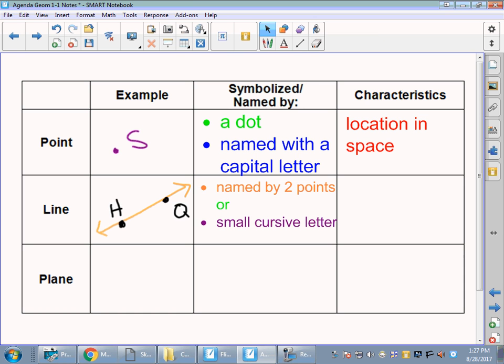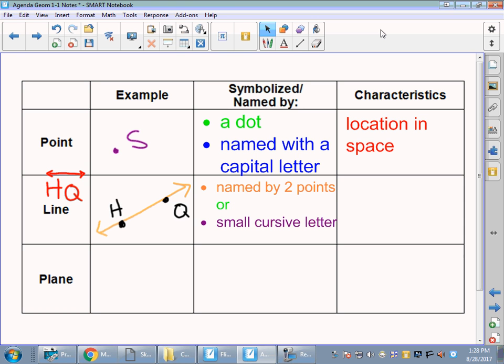So a line is named by 2 points or by a small cursive letter. So we would name this line HQ with a little miniature line above the H and Q. You could also name that line QH with a little miniature line above the Q and H. The arrow above the H says it keeps going past the H. The arrow above the Q says that the line keeps going past the Q. If it stopped, we would not have an arrow above it.